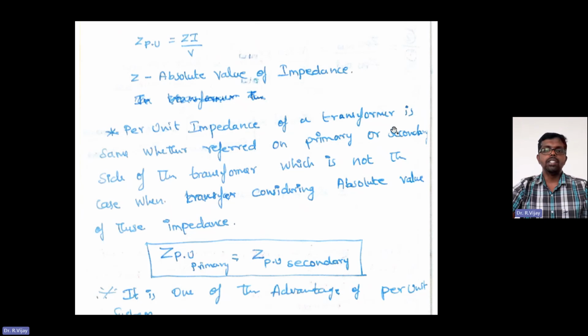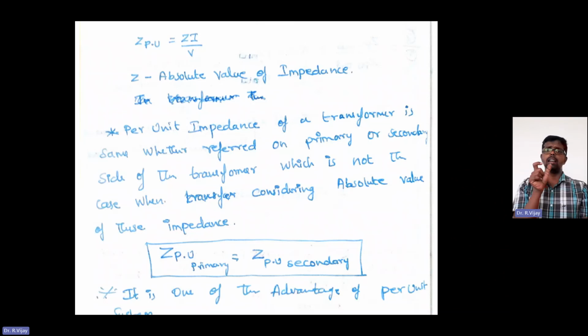The per unit impedance of the transformer is the same whether referred to on the primary or secondary side of the transformer, which is not the case when considering the absolute values of these impedances.